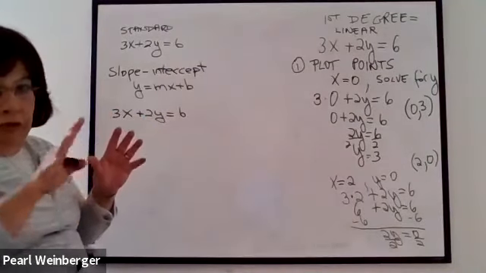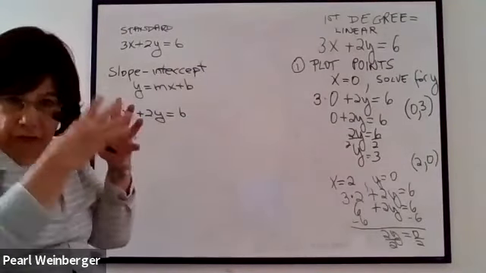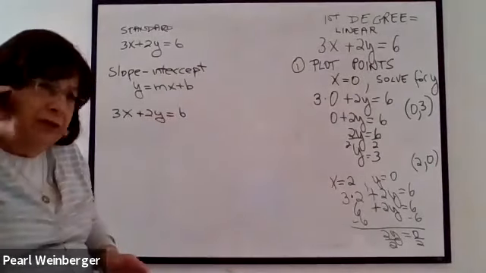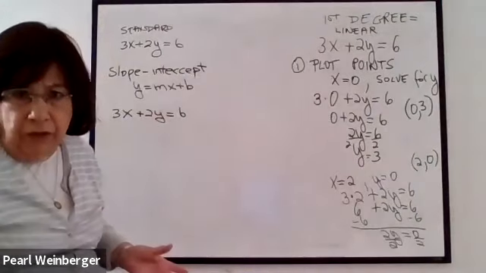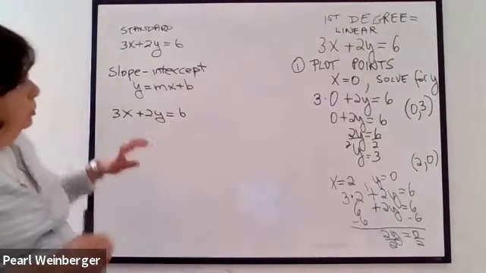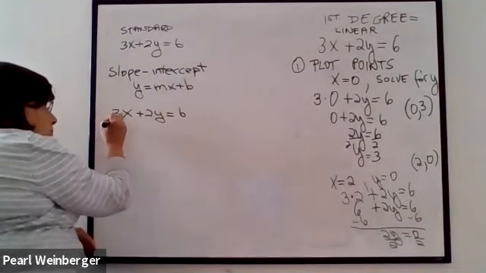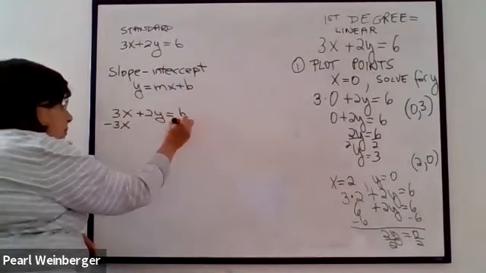In other words, we think of y as our variable that we're looking for, and everything else we treat as numbers. So I want to get the y alone. The first thing I want to do is get rid of this 3x. So it's a positive 3x, and I'm going to do minus 3x from both sides.